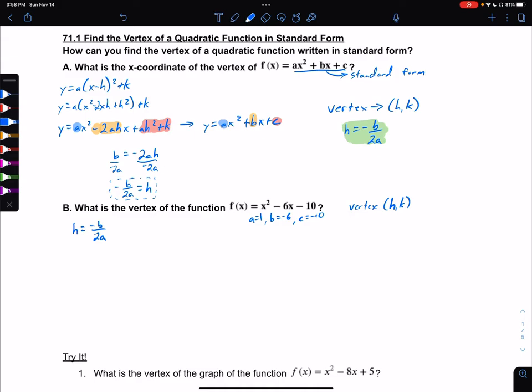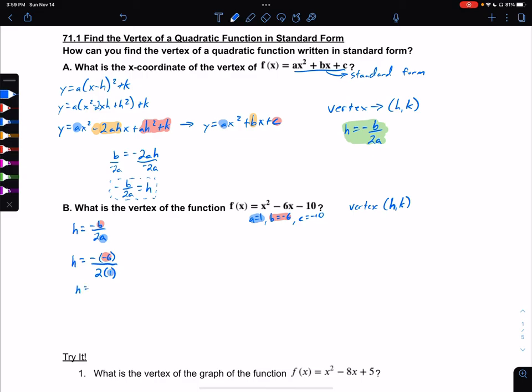In this case, a is equal to 1, so we can plug that in. And b is equal to negative 6, so we can plug that in. So to find h, be careful with your negative signs. B is a negative 6, so we have negative negative 6 over 2 times a, which is 1.